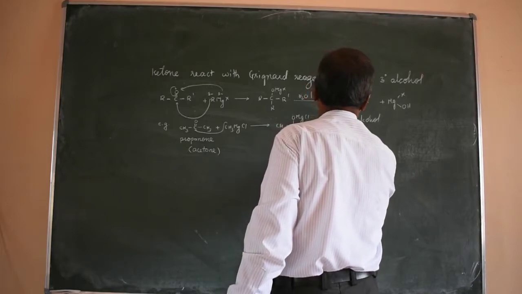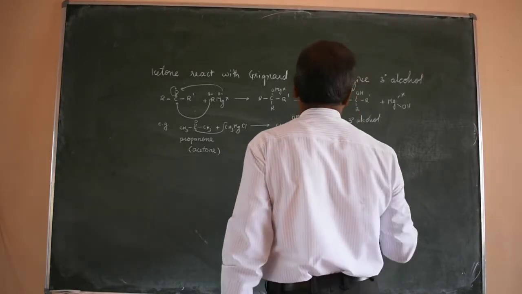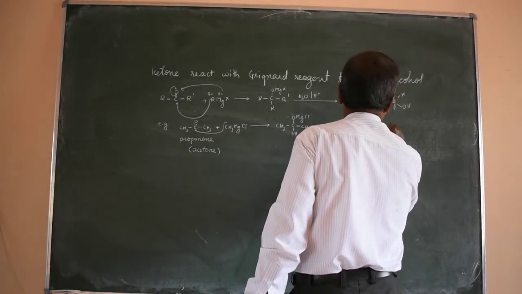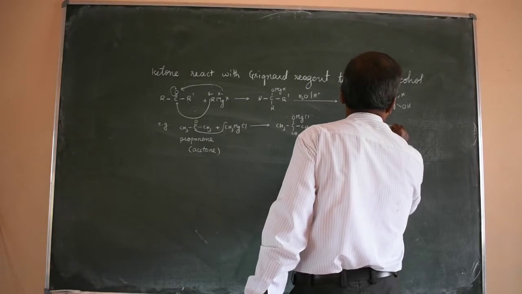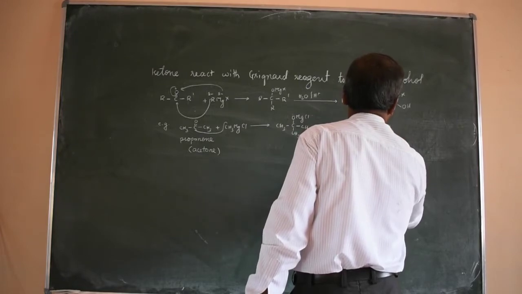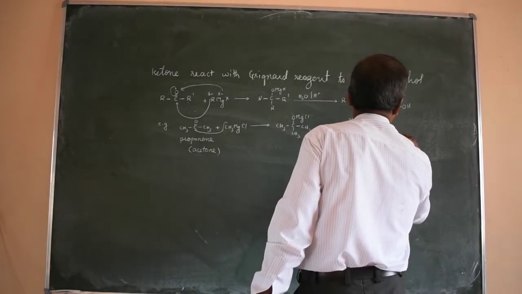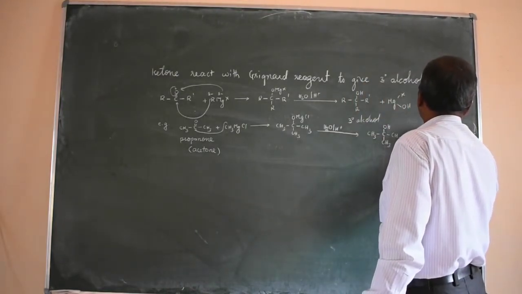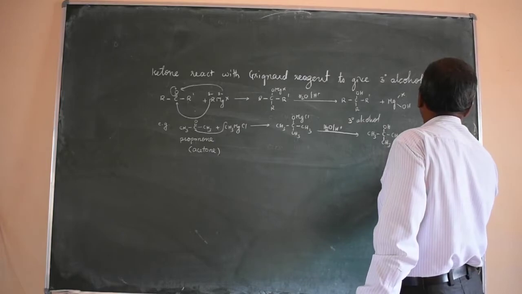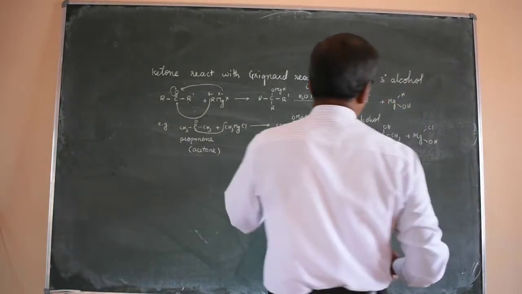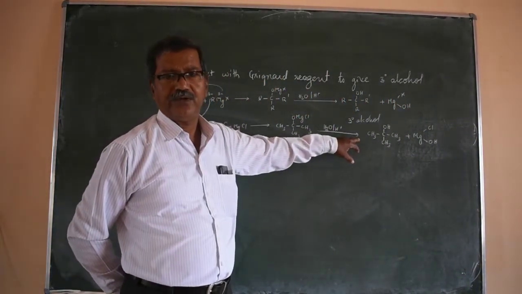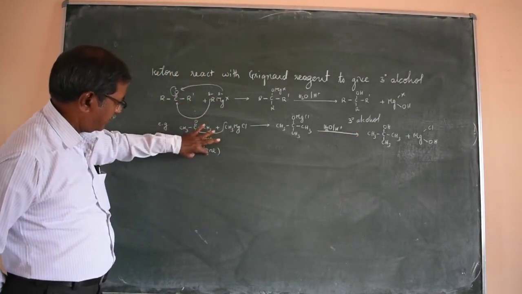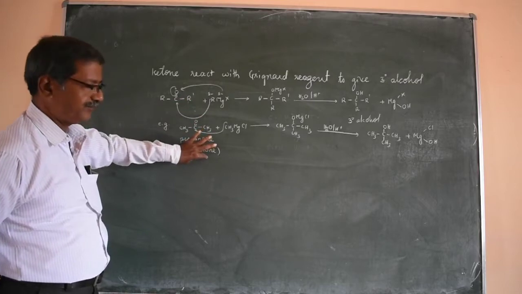in presence of H plus or acid, we are getting this product CH3, COH, CH3, CH3, then we have MgClOH. The product is a 3 degree alcohol. I think we know the name of this alcohol. See here, it's a ketone. The example is acetone.